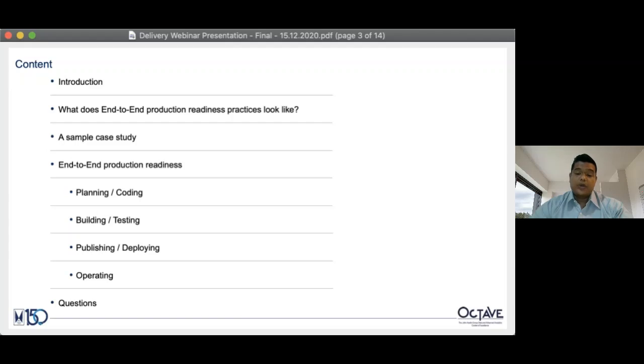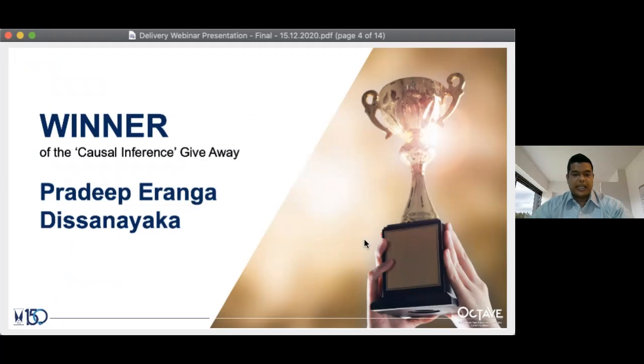We are going to talk a little bit about how we deploy it, containerize it and deploy, and most importantly, how you maintain and operate a machine learning model to create the best value for the business. Now over to you to go through the case study also.